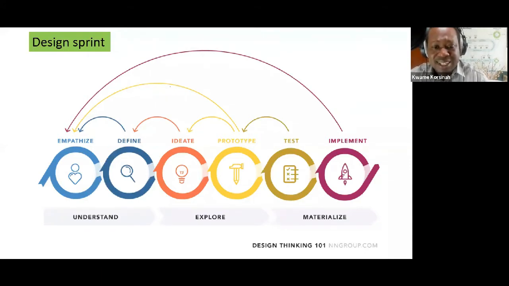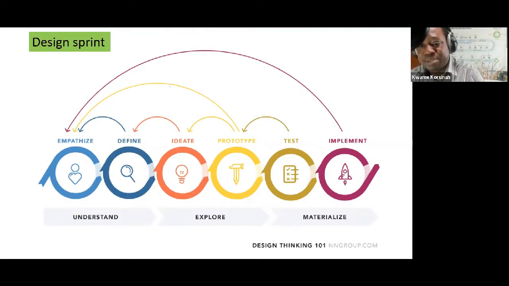Once we can sit in their shoes, we can define the problem or their context, looking at it from the current state to the future state, identifying the gaps that exist, and then we can start developing potential solutions. We focus on that in the ideate stage, and we create prototypes. We can create prototypes at the empathize stage, at the define stage, and at the ideate stage.